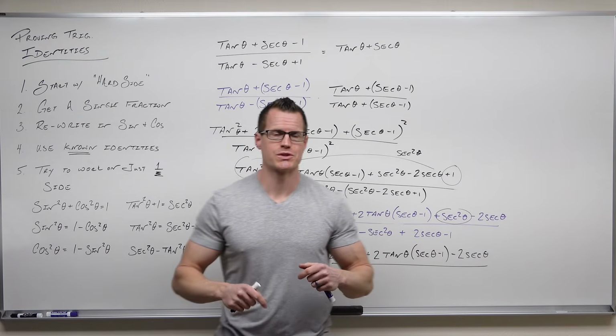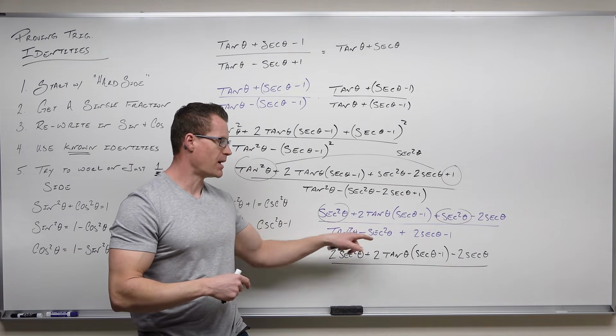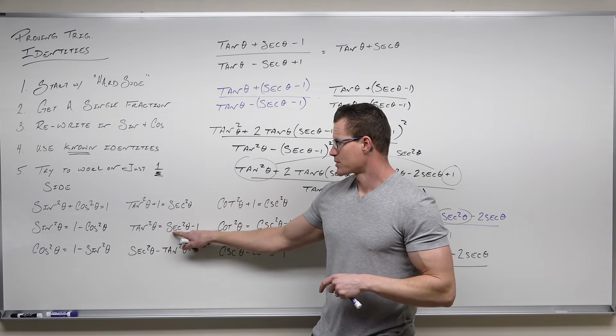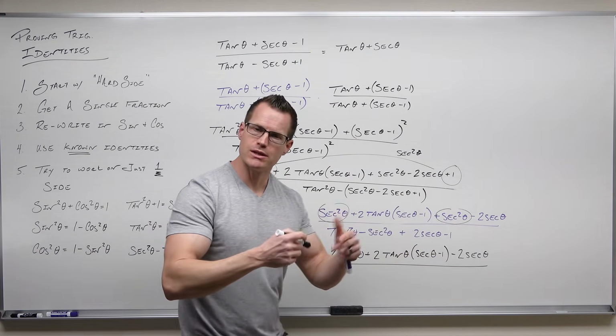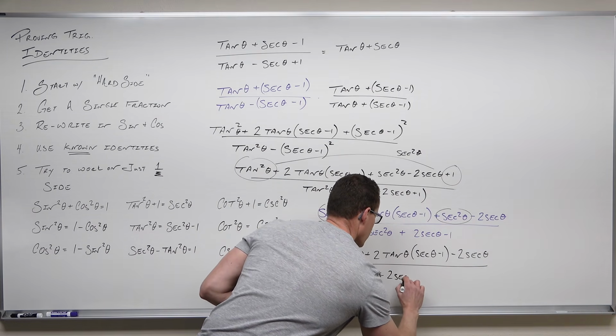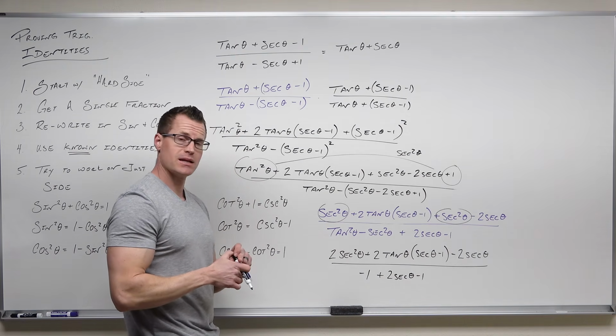It's super close, but it's backwards. So if I thought about this, tangent squared theta minus secant squared theta, I'd get -1. So we can use that. Combine like terms, I get 2 secant theta minus 2.